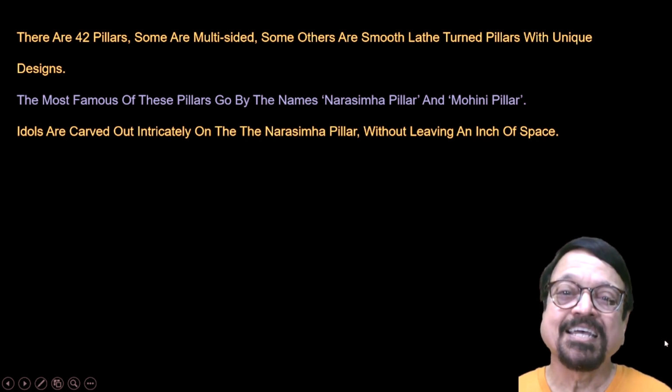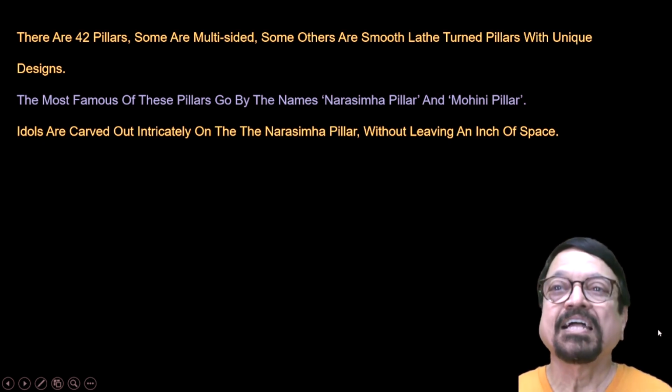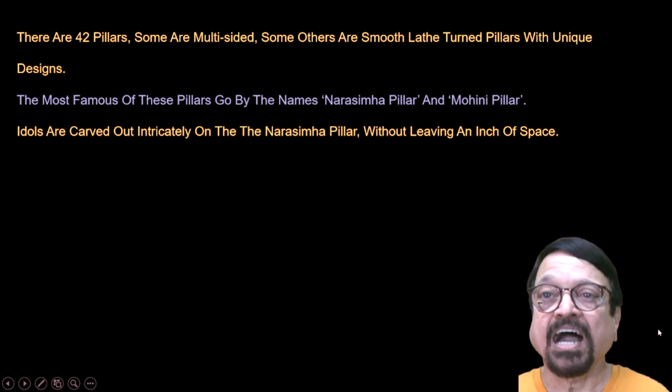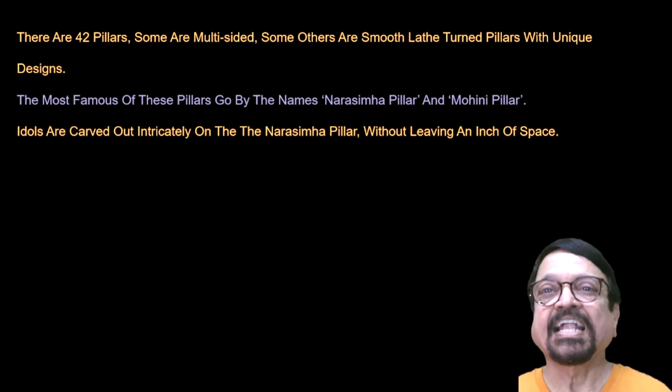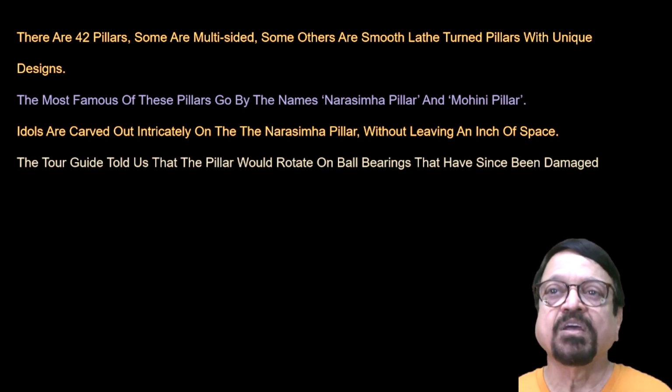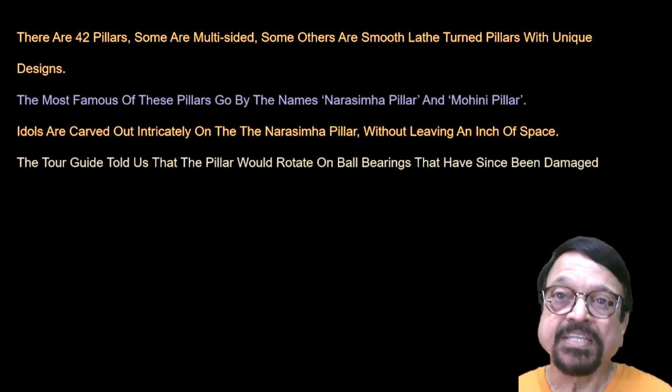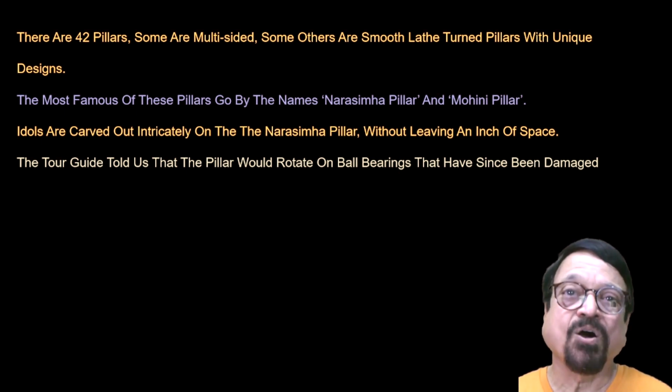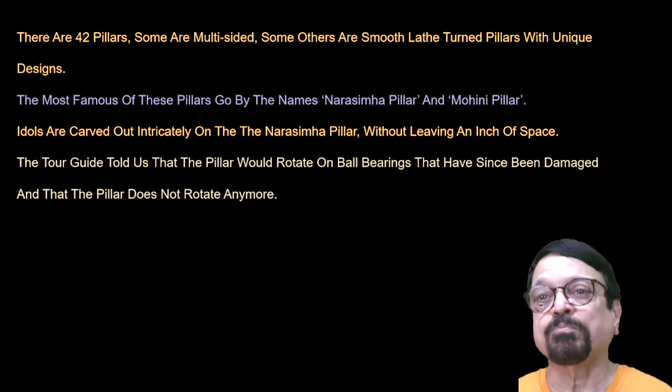It's just wonderful. Idols are carved out intricately on the Narasimha pillar without leaving an inch of space. The tour guide told us that pillars would rotate on ball bearings that have since been damaged and now it is not possible.